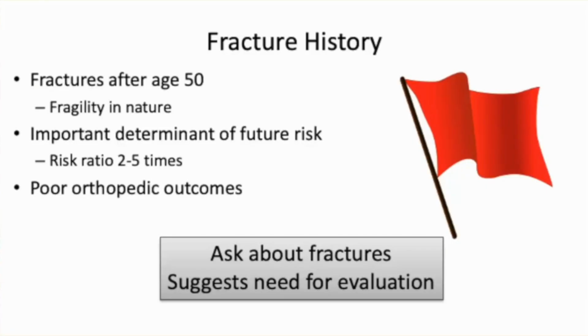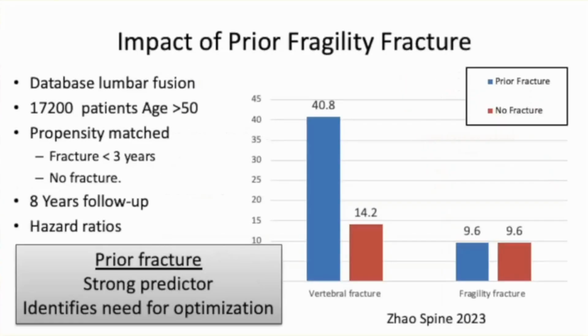They found that the risk of having a vertebral fracture was 40% in those patients who had a fracture within 3 years of their spine fusion, compared to 14% if they didn't. But fortunately, there's no difference in other fragility fractures. So in other words, prior fracture is a strong predictor and identifies those who need optimization.